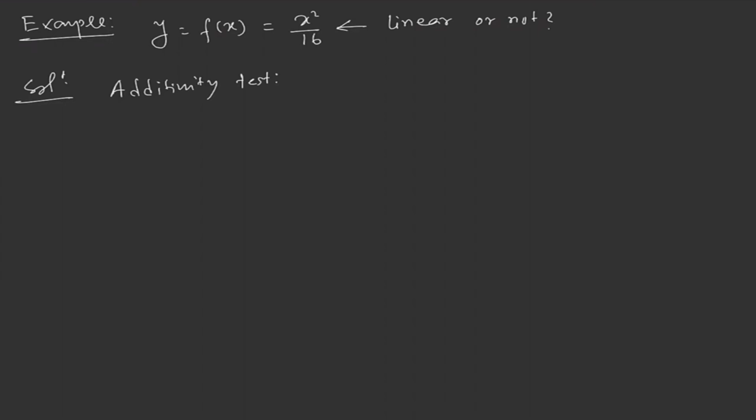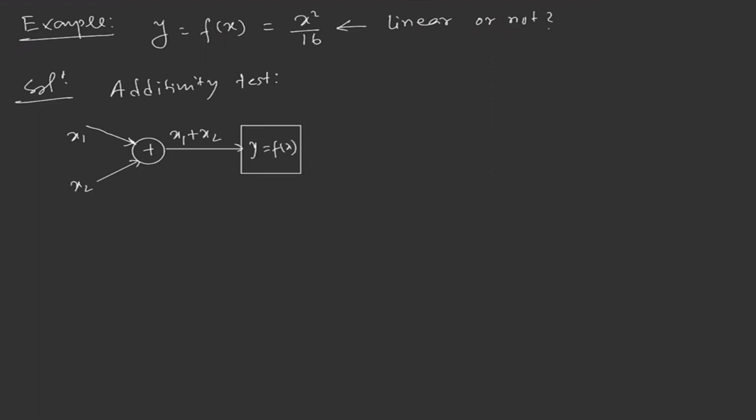We'll follow the same steps we have done. We have a summing point, and we apply two inputs to the system, x1 and another input x2, and we'll sum the inputs, and the output from this block we can write x1 plus x2. And this response will be applied to the system y equal to f(x), which is x squared divided by 16.